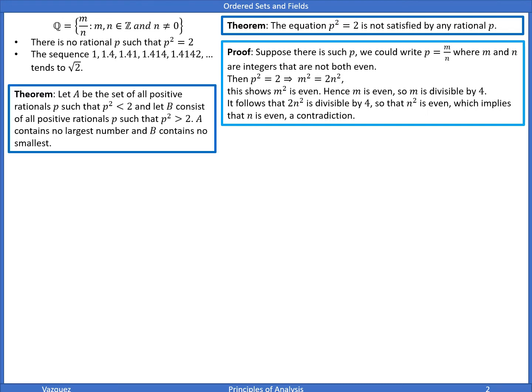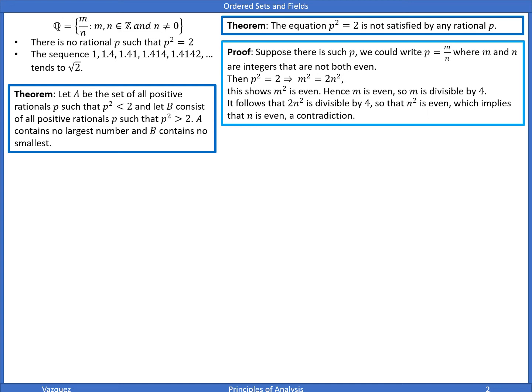Okay, the next thing is another theorem. We're going to let A be the set of all positive rationals p such that p squared is less than 2, and we're going to let B be the same thing, but now p squared is greater than 2. We're going to say A contains no largest number and B contains no smallest.